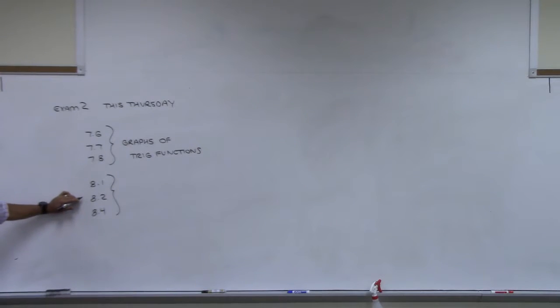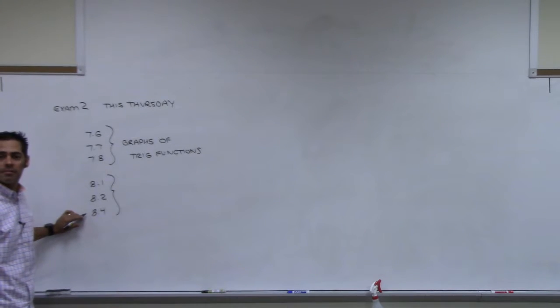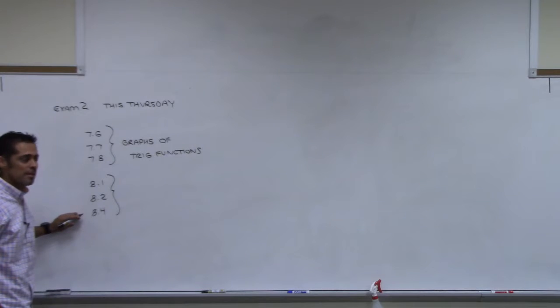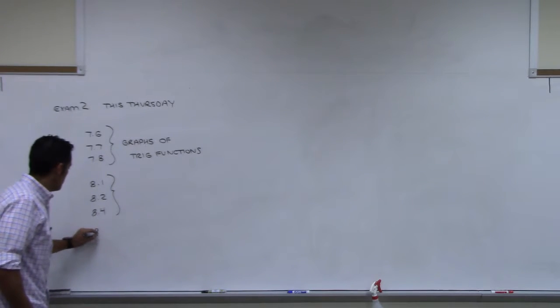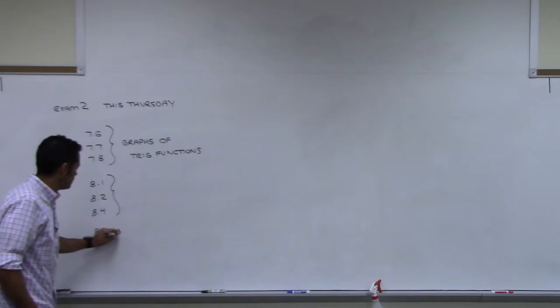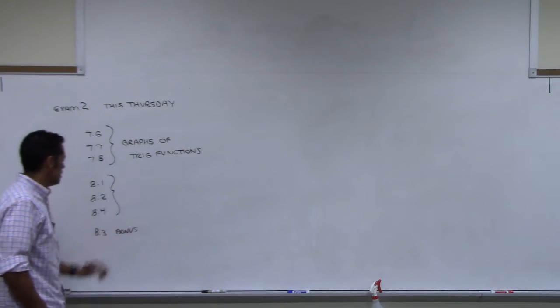And then 8.4 is the identities. So that's what it'll be on the test. I'll put 8.3 here as bonus. That's what we just talked about today.